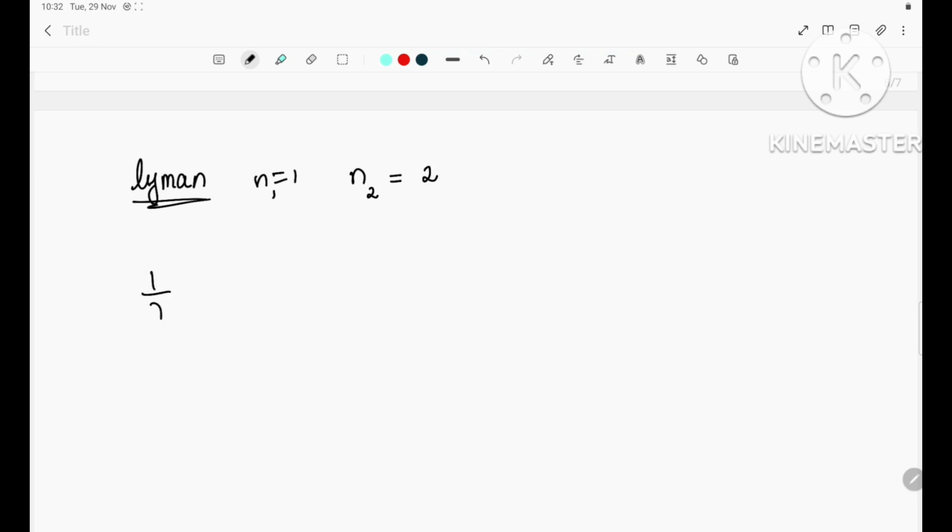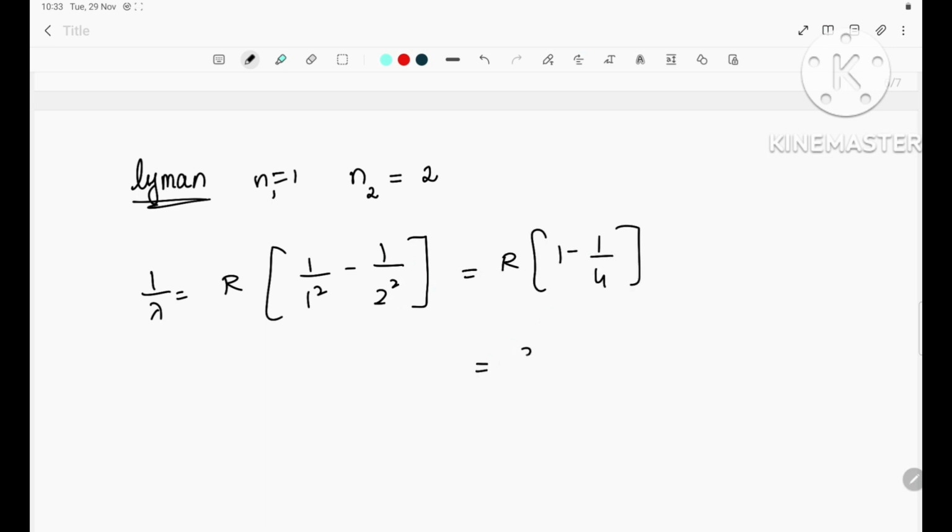So we will have 1 by lambda is equal to R into 1 by 1 square minus 1 by 2 square, that is equal to R into 1 minus 1 by 4. So 3R by 4. So lambda is equal to 4 by 3R. So first wavelength is this one, that is the Lyman series number 1.